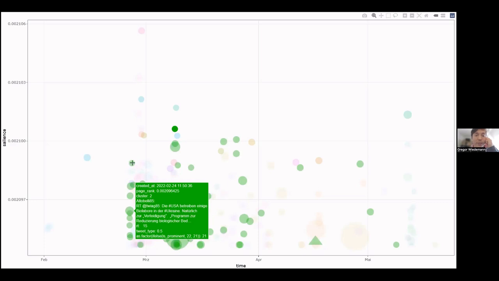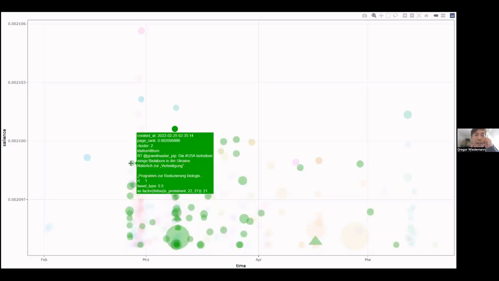If I hover over the highest data point here, we can see a tweet text mentioning the US has started to create biolabs in Ukraine, of course, only for defense purposes. In a kind of sarcastic way, this is mentioned.